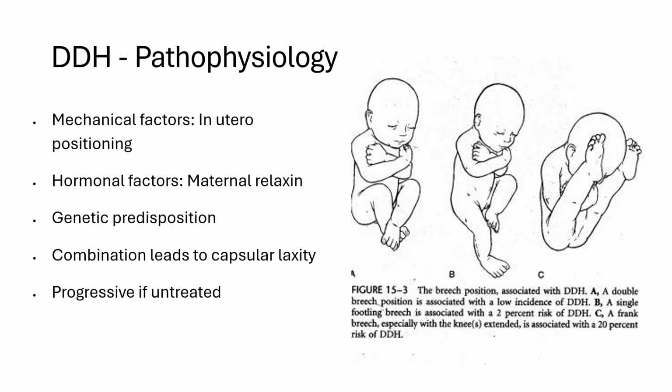Genetic predisposition explains the familial clustering and racial variations observed clinically. These three factors combine to create capsular laxity that allows abnormal femoral head movement within the acetabulum. The critical concept involves understanding DDH as a progressive condition where abnormal mechanics lead to worsening dysplasia over time, making early recognition and intervention essential for preventing permanent joint damage.